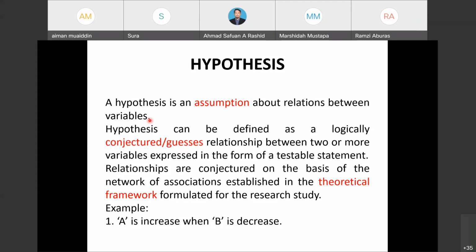That is a difference between two parameters, A and B. That is a guess that you put in the first place. Later, you need to test it using any device or equipment, and then you can prove the assumption that you made.